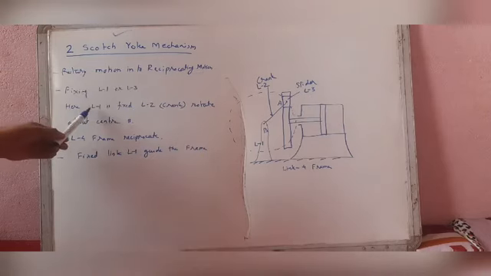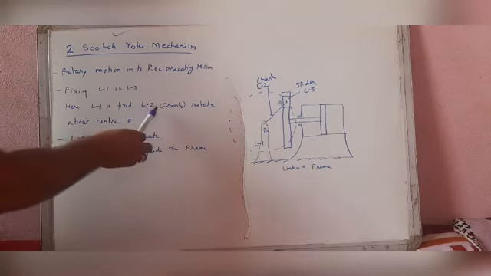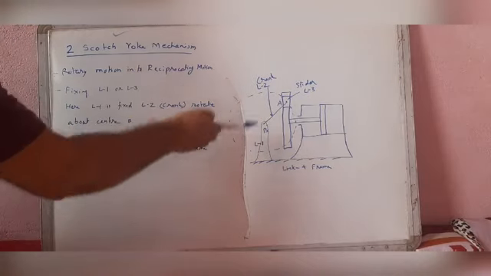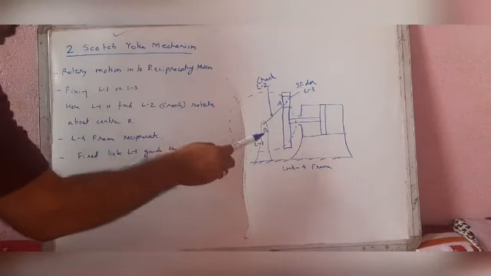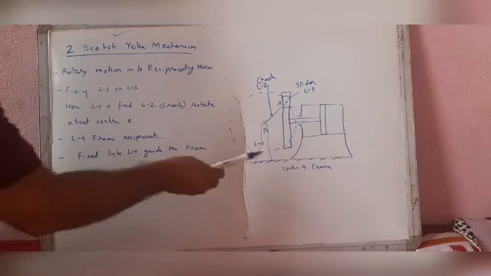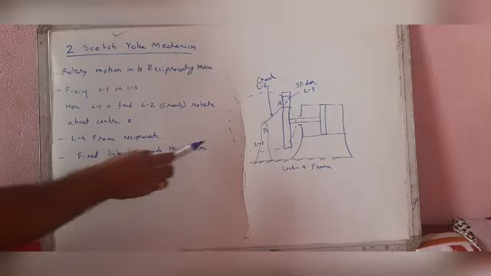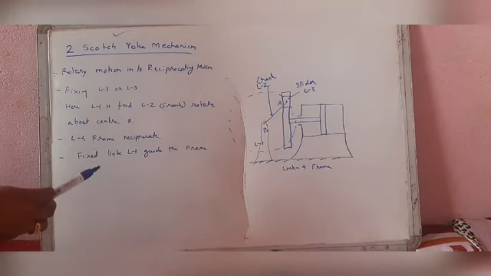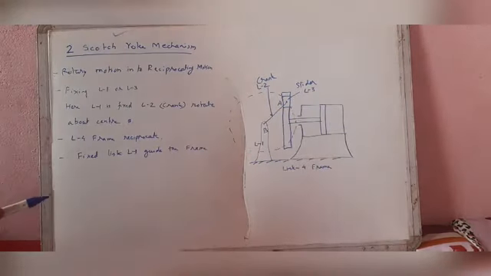In this case we have fixed L1, link 1, here B is fixed, and the L2 crank rotates about center B. The L4 frame reciprocates, and the slider L3 moves up and down. Now this piston element goes in this direction and then back, by using this Scotch yoke mechanism.